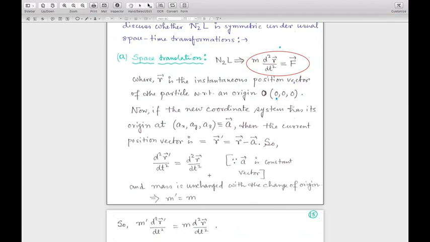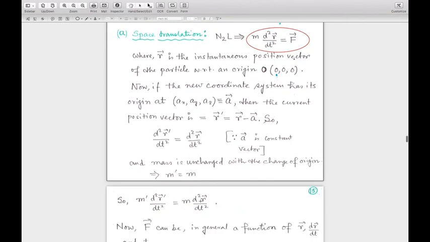If in addition we suppose that mass is also unchanged with the change of origin, which is true for any non-relativistic mechanics, since mass is not a function of the motion of the body in the non-relativistic limit, then you can always say that m prime is also equal to m. Combining these two, finally you can write this.